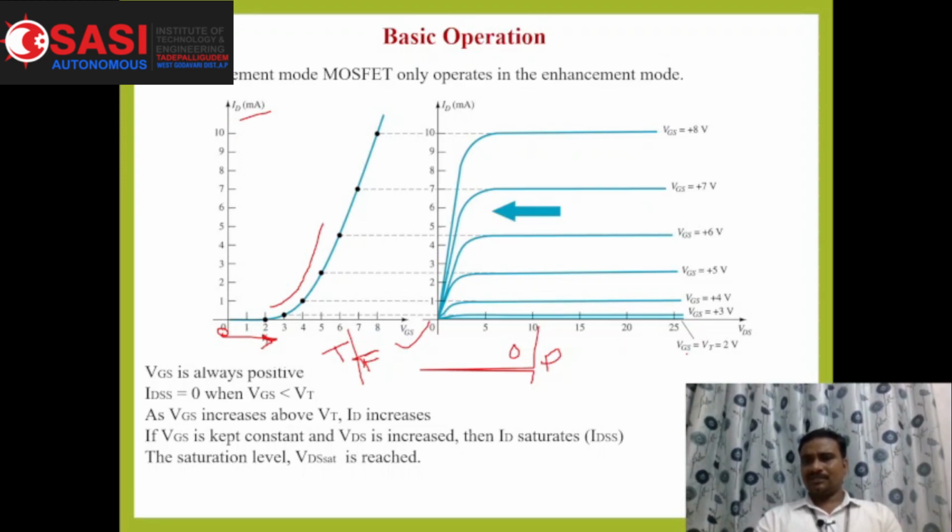As we increase the VDS value at constant VGS, the current ID increases and gets into saturation. We keep the gate to source voltage constant for different values, then observe the drain current while varying VDS.